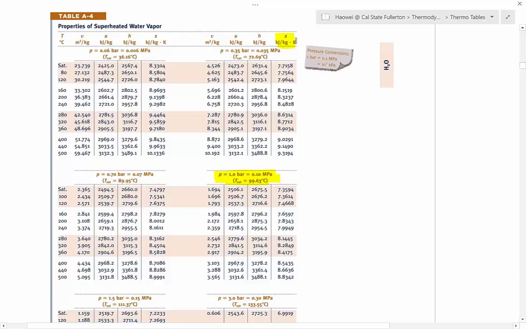Entropy is the last column, so we go to the last column and look for our value, which is 7.5308. I don't have exactly this number, but our number is between those two. So the one I'm looking for is H, enthalpy. Enthalpy is in the second last column, so our enthalpy must be between those two numbers. And obviously we have to use interpolation.